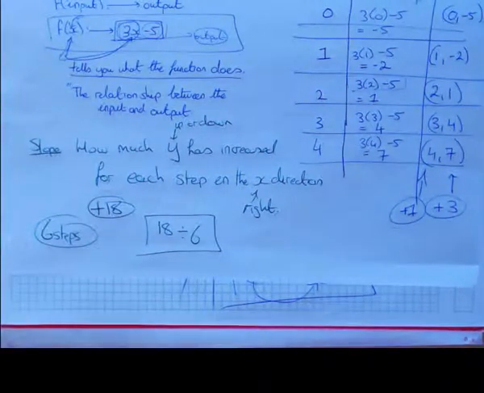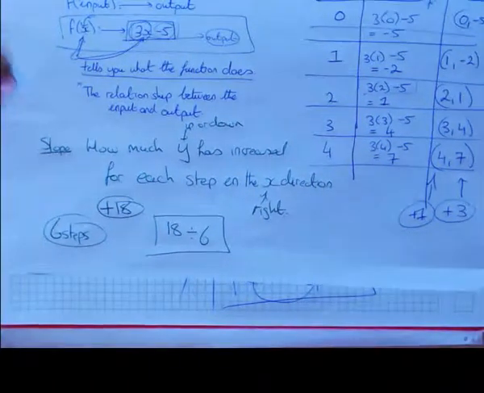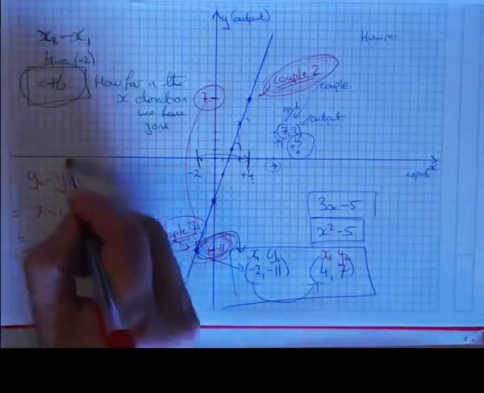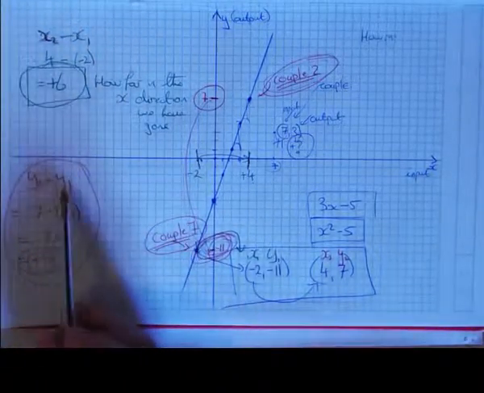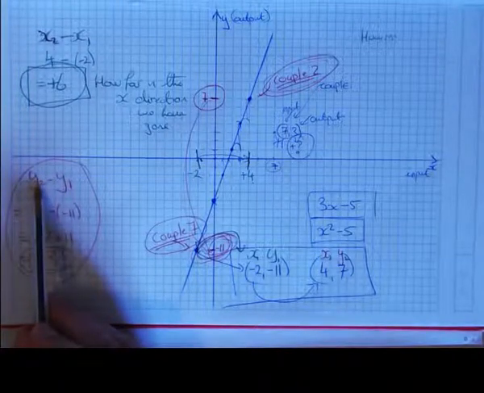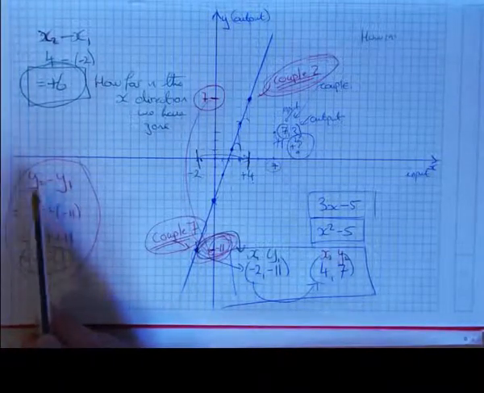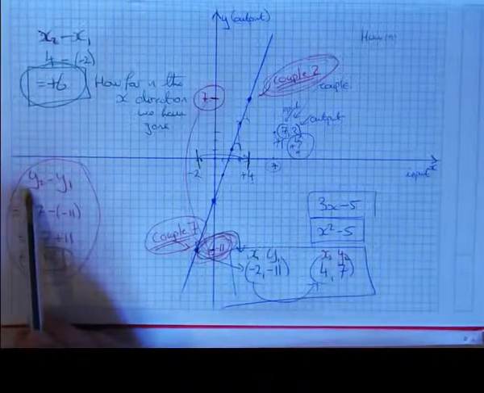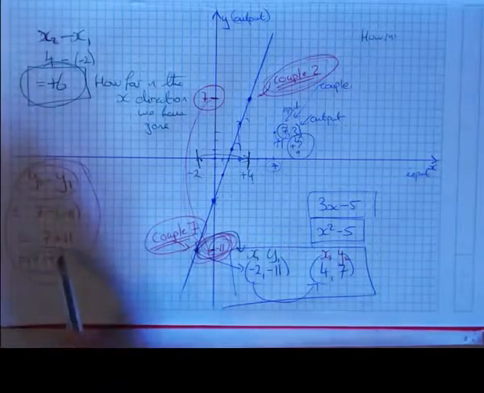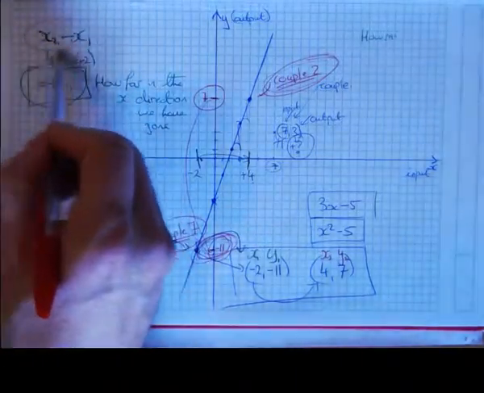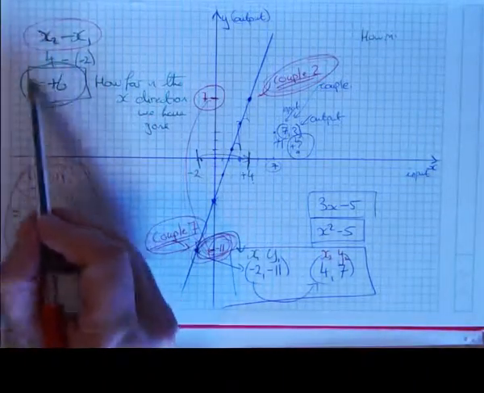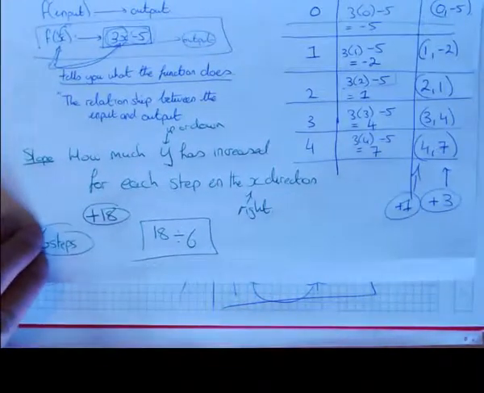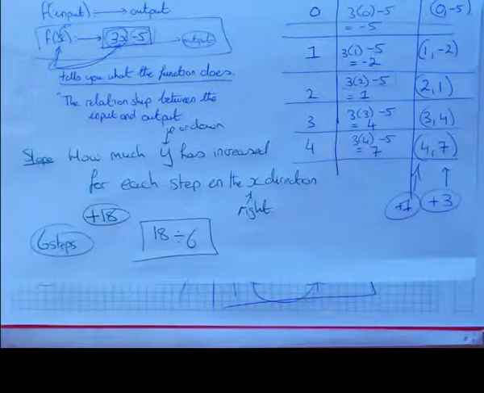Easy? Okay, so what you will see, now remember, where did we get 18 from? 18 was how much we increased in y from couple 1 to couple 2. This is just how far it is from 1 to 2. That's how you find out how far it is from 1 to 2, you subtract. So we found out y increased by 18. We found that x increased by 6 steps. So for each step, we had 18 divided by 6.